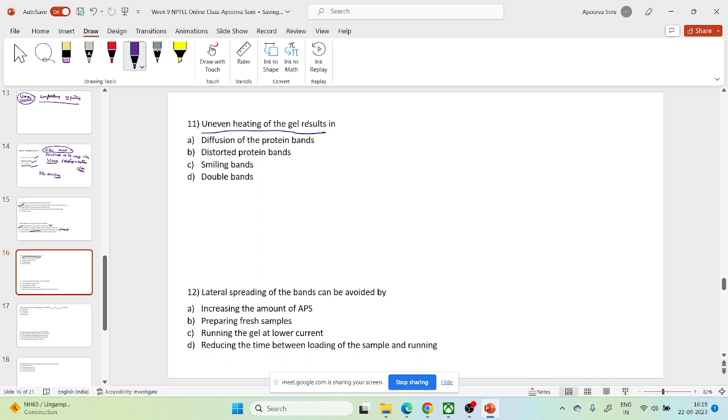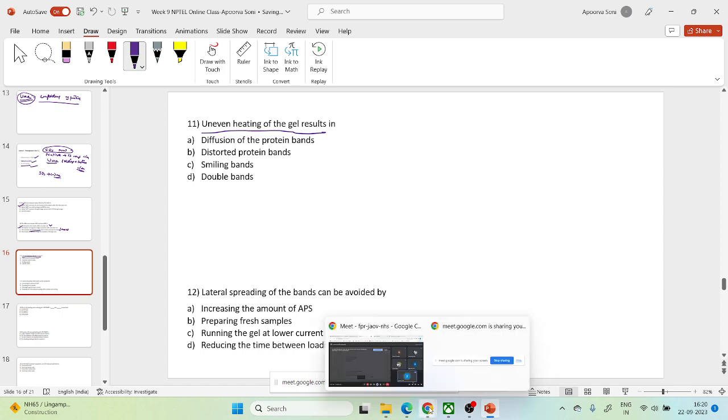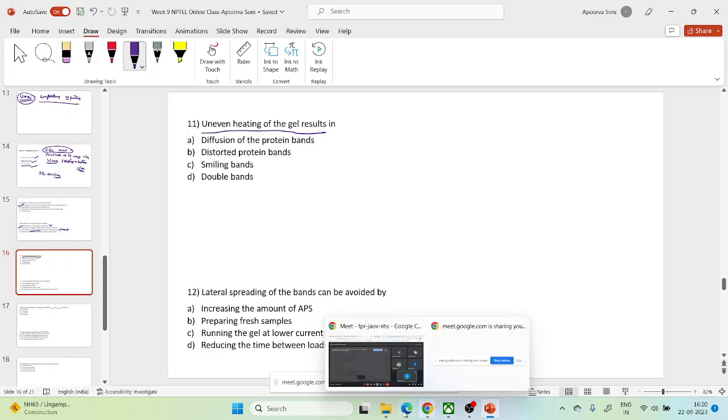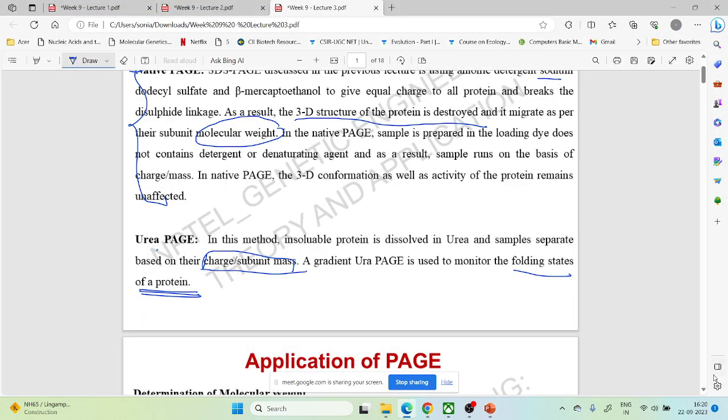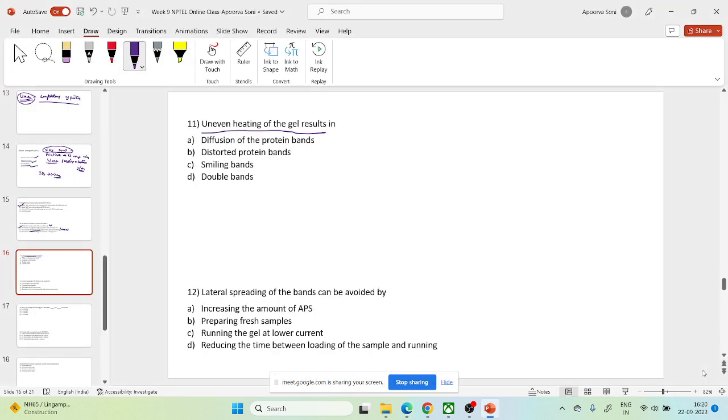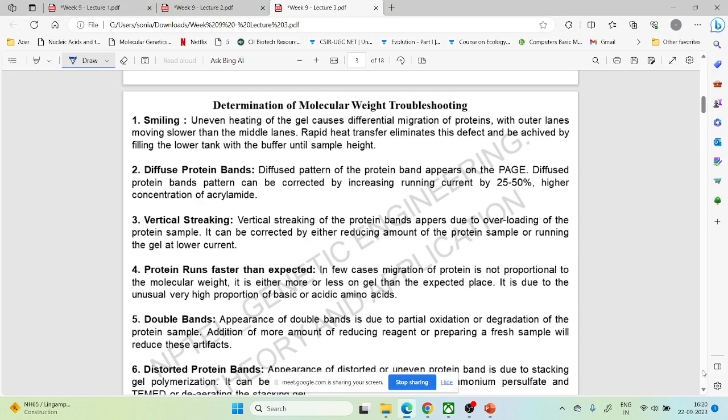Option B. Distorted protein bands. Let's see. You said option B, na? Yes, ma'am. Distorted protein bands.